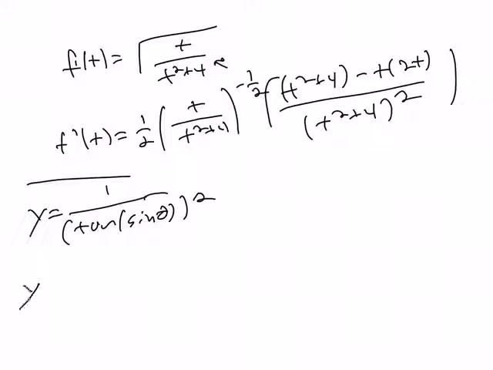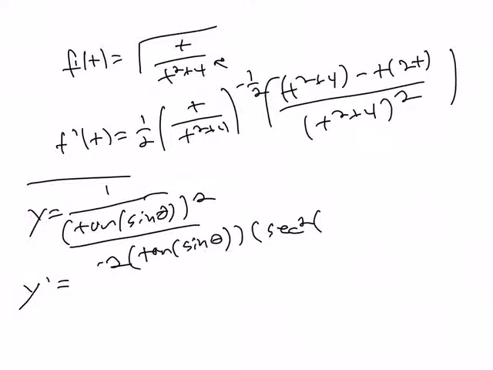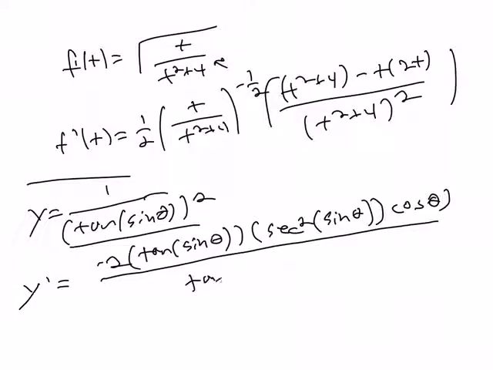So we have y prime is equal to negative of the derivative of that, which is going to give me 2 times tangent sine phi, and then times the derivative of the thing inside, which is secant squared of sine phi, and then times the derivative of sine phi, which is cosine phi. So that's what's going up on top, and then on the bottom we have tangent of sine phi squared.